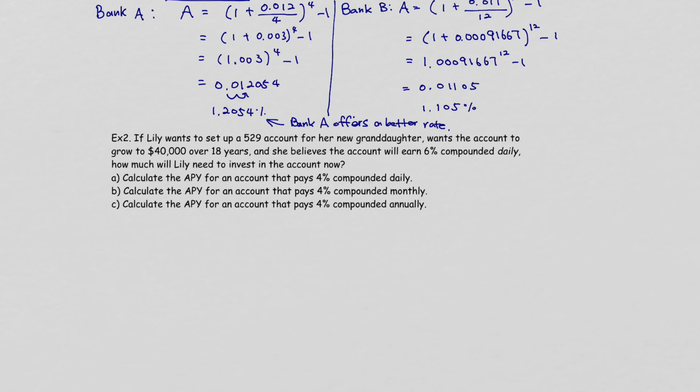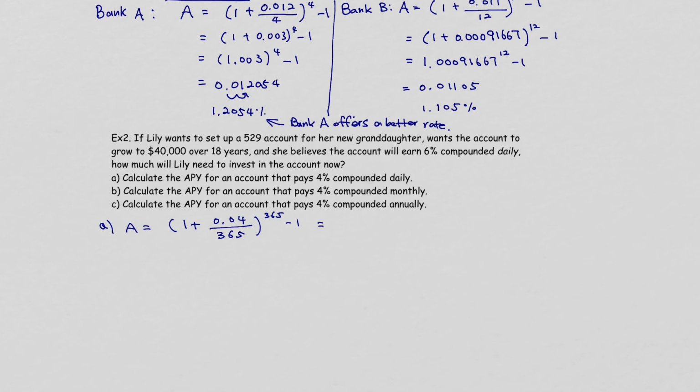So here, when you look at it, the first one is trying to figure out the APY with 4% compounded daily. The second one is the APY with 4% compounded monthly, and the third is 4% compounded annually. If we want to plug in those numbers, we will have 1 plus 0.04 over daily, which will be 365.